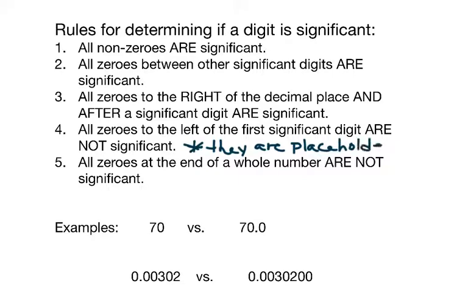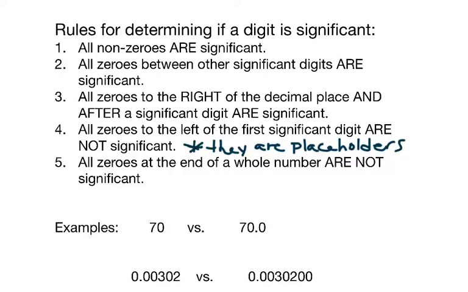And then zeros that are at the end of a whole number are not significant either, because in all likelihood that number was rounded to that whole number, and you can't rely on them. You can't know for sure: was that a real 0? Did it land exactly on that number, or was it just around that number and they rounded?